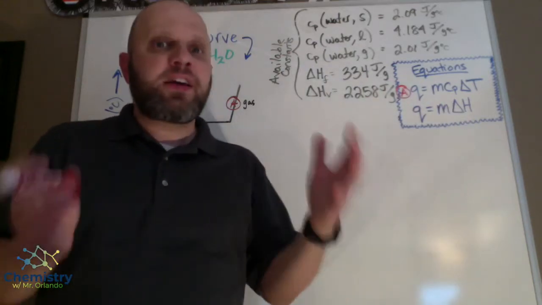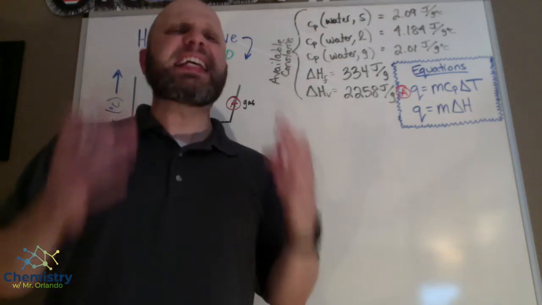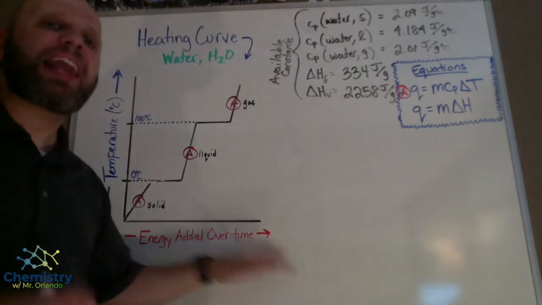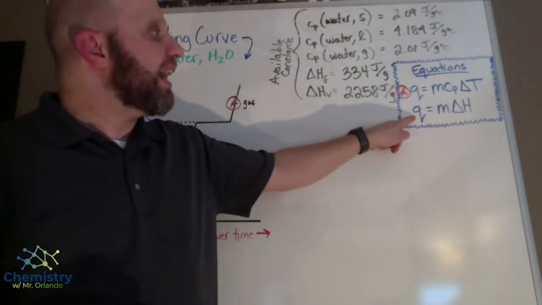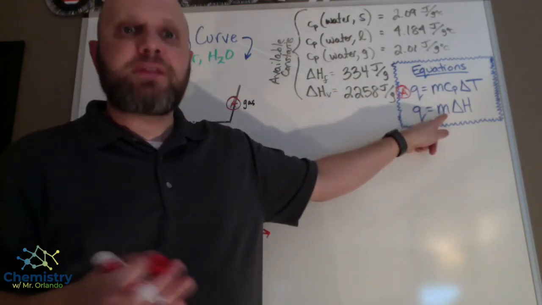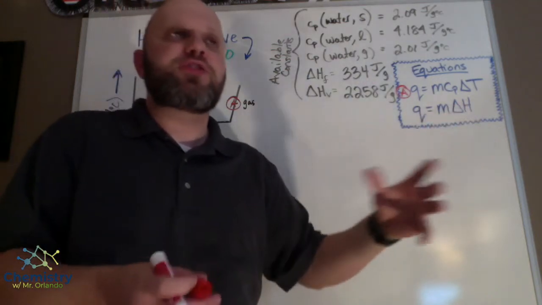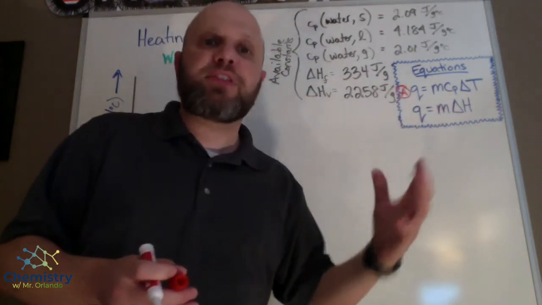So we needed another equation, one that allowed us to calculate what the energy being added was actually doing, even when temperature was not changing. So we came up with this equation. The heat energy that's being added is dependent on the mass of the amount of substance. That makes sense. More heat energy is going to be required to, let's say, boil 100 grams of water compared to 5 grams of water.